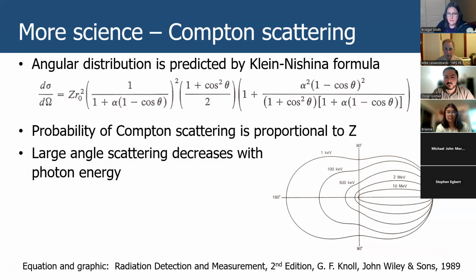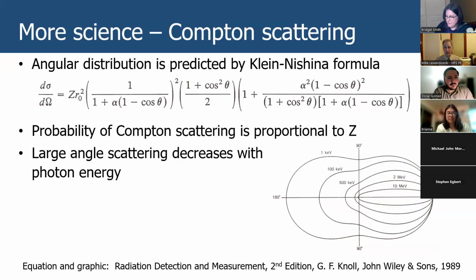Or you might be like me and you have to look it up. You remember the name, but the math is an old friend which you haven't talked to in decades. So you can look that up. What it tells us is that the probability of Compton scattering is proportional to the atomic number. And it also tells us that large angle scattering decreases with the energy of the photon.